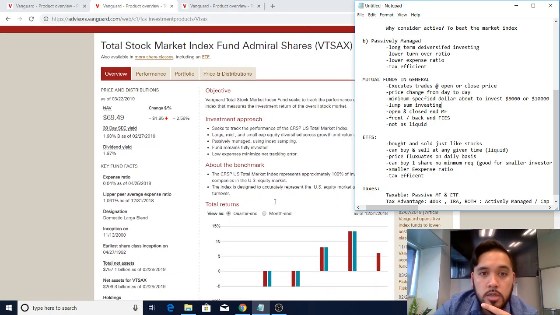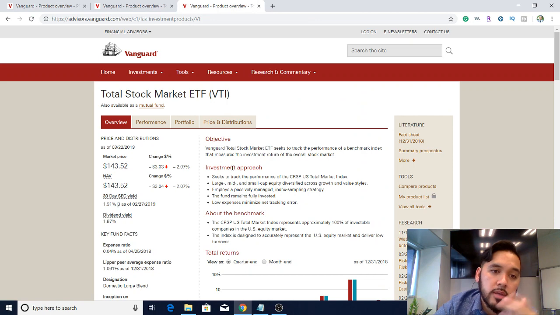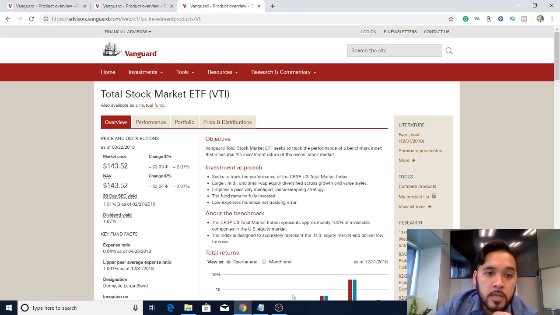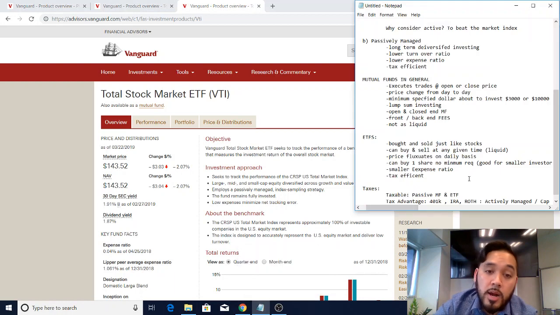So moving on to ETFs. Right here, we're looking at the total stock market ETF, which is a mirror of the total stock market mutual fund. With an ETF, they're bought and sold just like stocks. Basically, you could buy any time of the day during market trading hours at a particular price that you want.